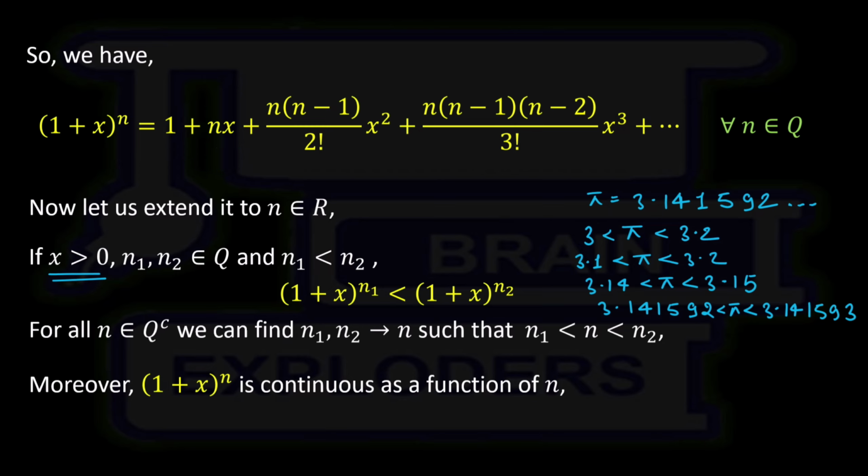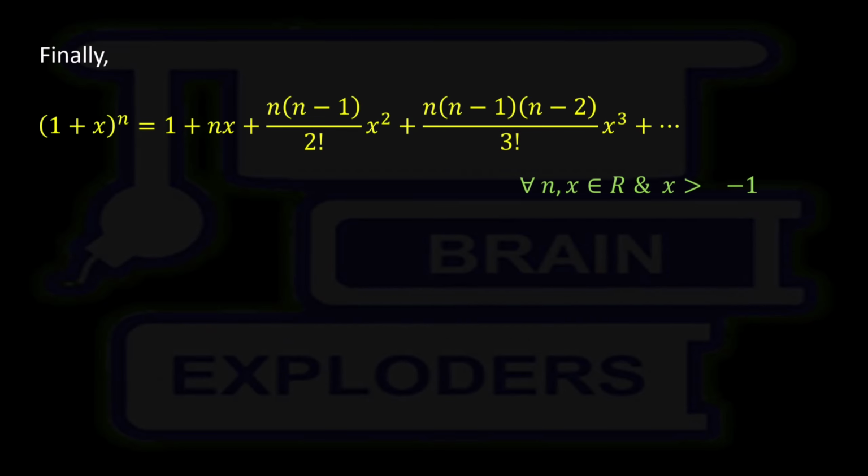So since for all real numbers we can do this, that's why this formula is working for all real numbers also, right? So finally we can say that this series expansion works for all n belonging to real numbers and x greater than -1.